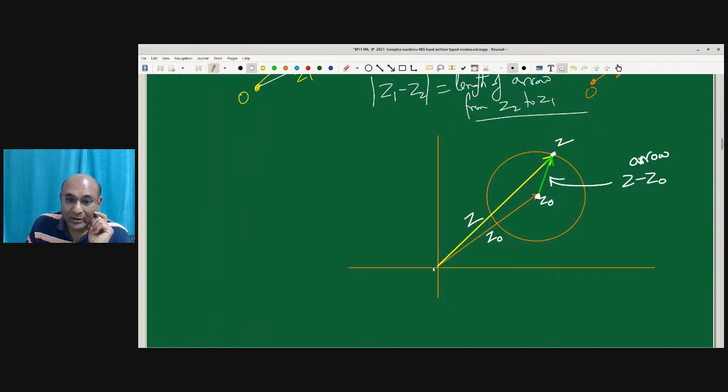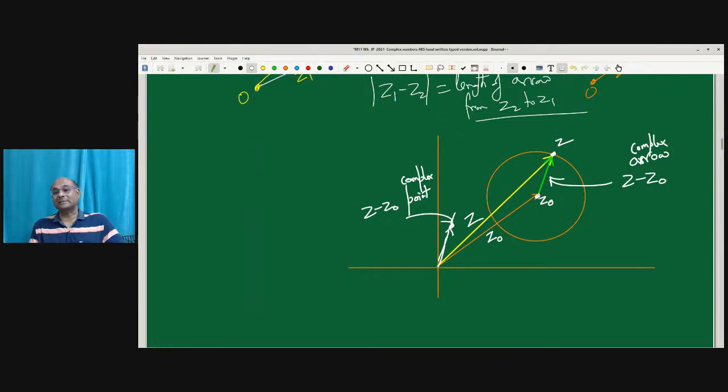If I move this arrow here, I may end up with a complex number, which I will get here. This point is the complex number Z minus Z0, whereas this is a complex arrow. A complex arrow doesn't have a starting point. Anywhere it can start, so it will end at different places. But it still has a length. What about the length of this complex arrow?